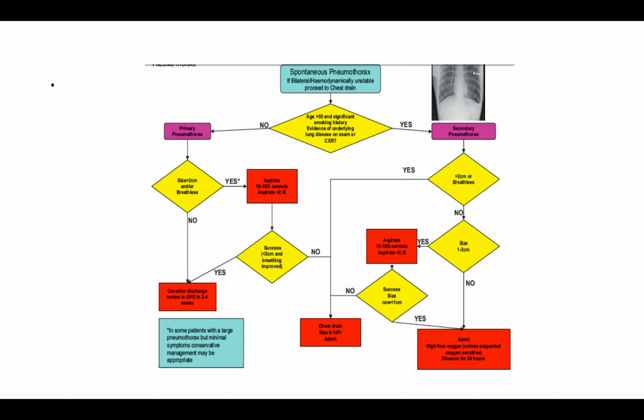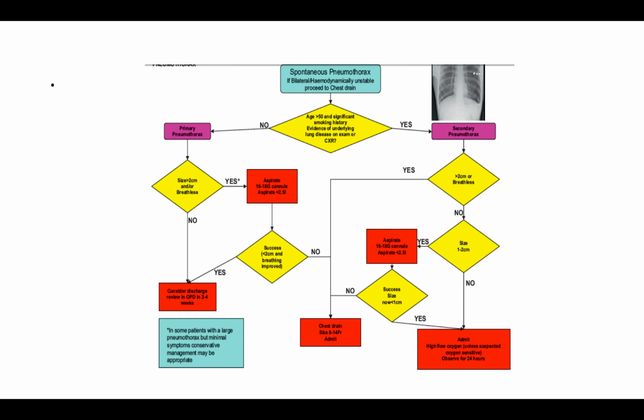Patients who have hemodynamic instability should have an immediate chest drain insertion. Also, patients who have bilateral pneumothorax should have a chest drain inserted immediately. In all other patients, we should follow this flow chart.